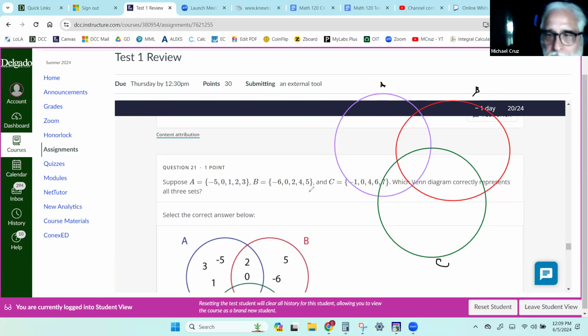So what do they all 3 have in common? You see anything? 0 is common. See that? Common to all 3. Anything else common to all 3? 1 is not. 2 is common here, but not over here. 3 is not. So it looks like that's it.